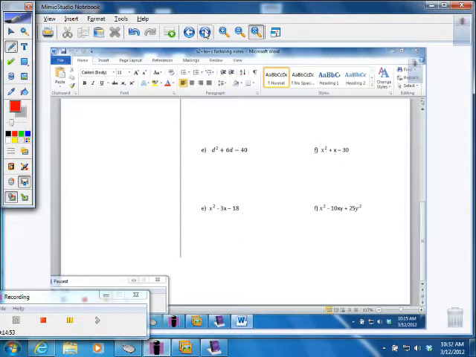Let's look at the next couple here. This one. Again, first times the last, added to the middle, right? So I need two numbers that multiply to give me -40, but add to give me 6. So again, maybe you can't see it, so you go through the factors of 40. 1 and 40. 2 and 20. 3 does not go in there. 4 goes in there 10 times.